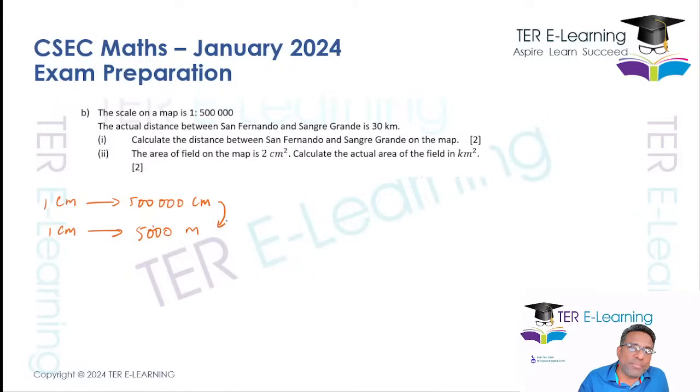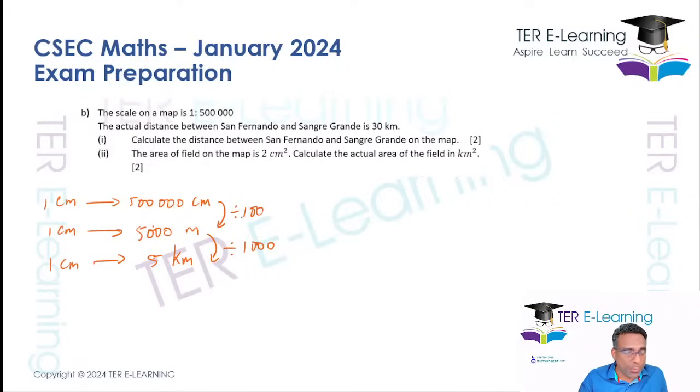So to convert from centimeters to meters, you divide by 100. Now I need to convert that into kilometers. To convert from meters to kilometers, you divide by 1,000. Therefore, this gives you 5 kilometers.